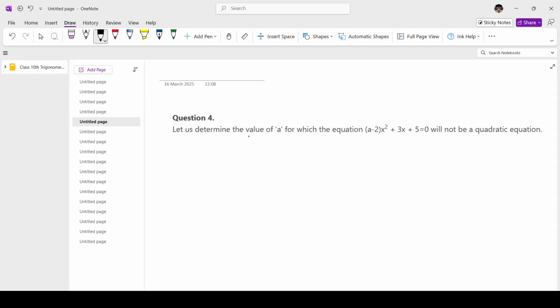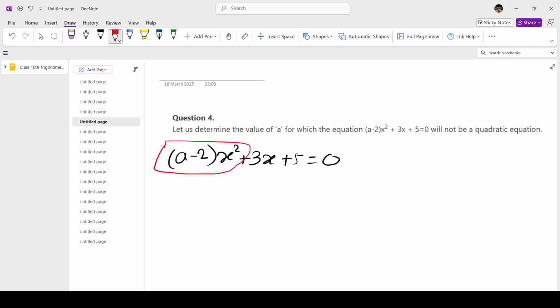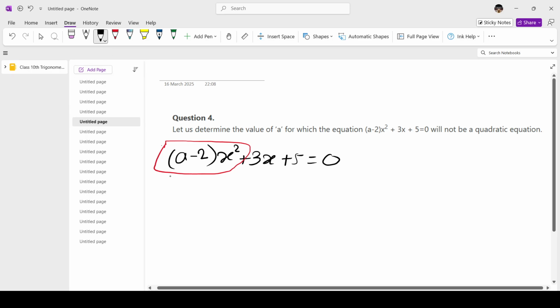Okay. Now the next, here we have to find out the value of a for which the quadratic equation will no longer be a quadratic equation. So as we know, if the greater power's coefficient is 0, then it is possible. If this part we can make equal to 0, then our quadratic cannot be formed, because the quadratic actually focuses on the power of 2.